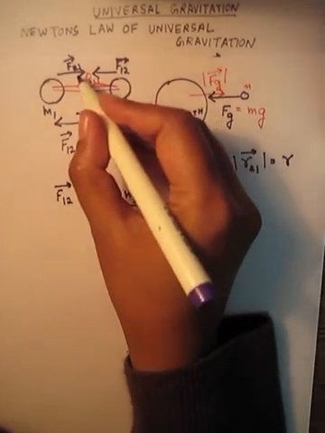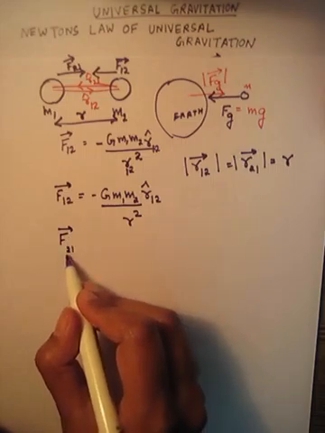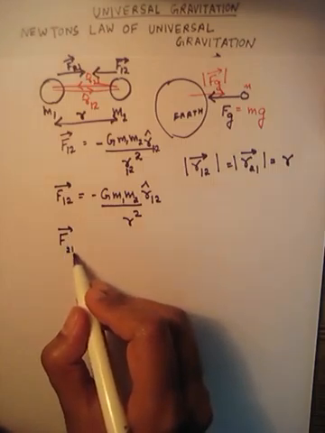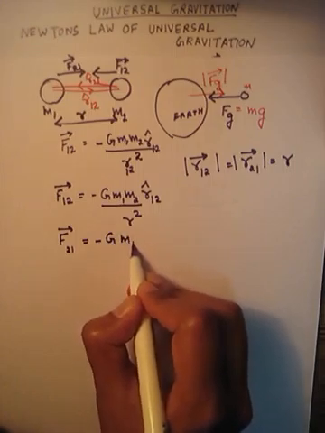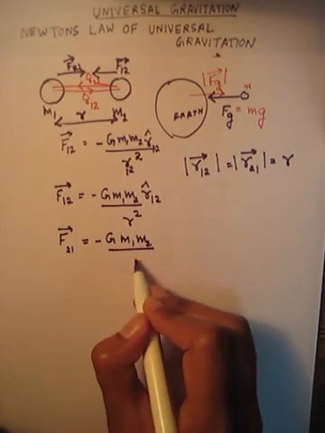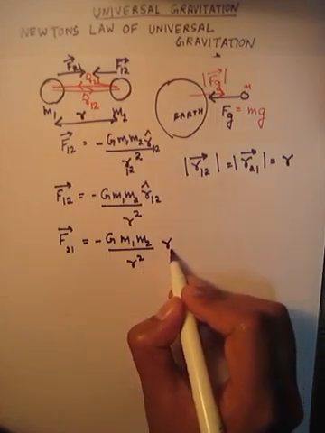Similarly, we can write an expression for the F21 vector, which is the force on 2 because of 1. It will be given by minus G, product of the masses divided by the distance between them squared, and the unit vector.